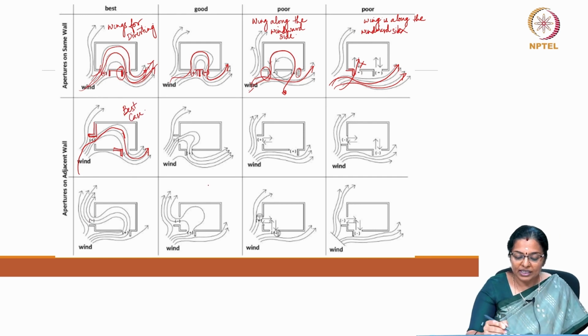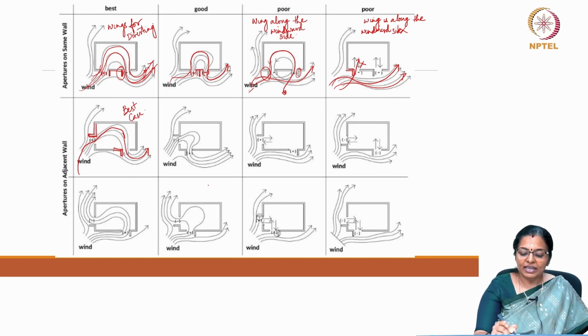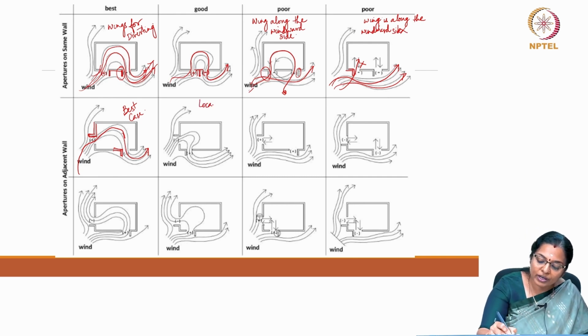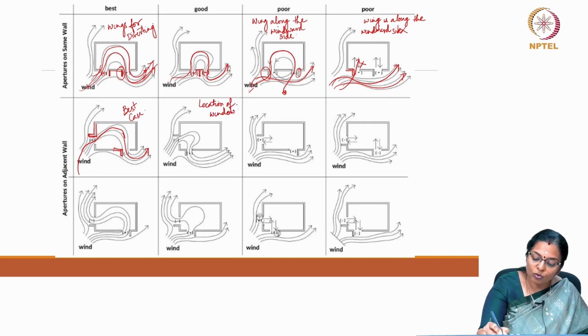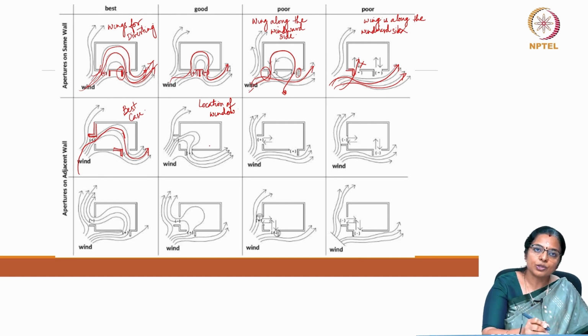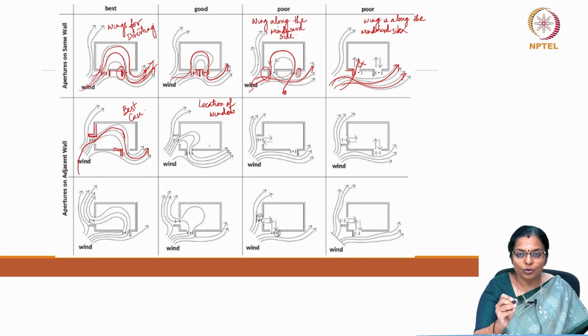And if you see a slightly better case, what can be called good, it becomes good from the best only because of the location of the windows. Only that difference in the location of the window makes a situation go from best to good.